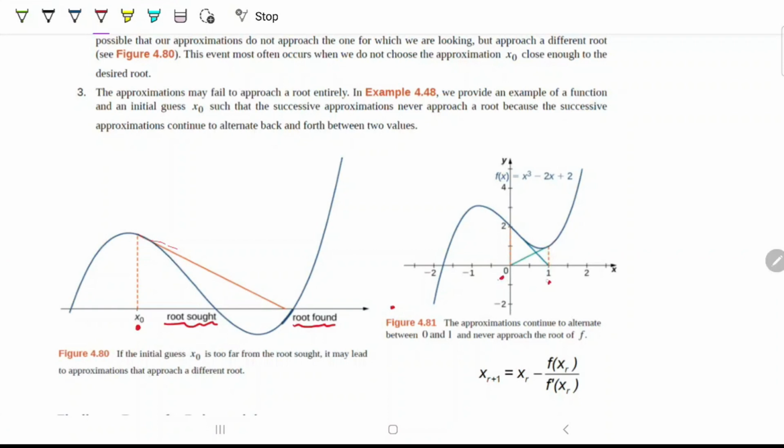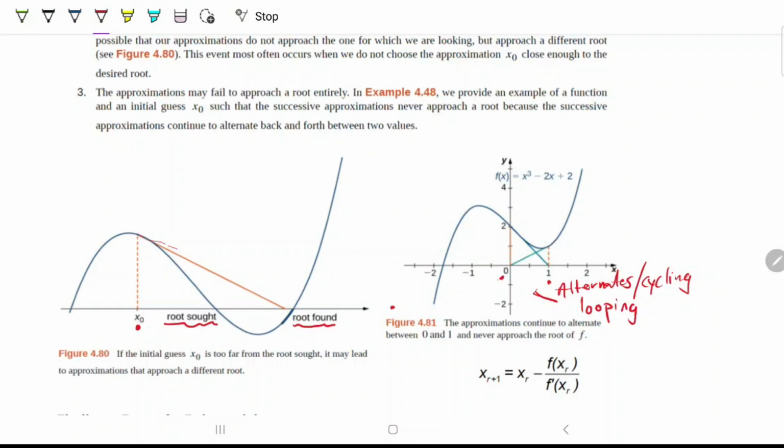You get x0, then x1 once you do the process again, and then x0 again. So it alternates between the two points, and sometimes they say it is cycling between the two points, meaning it goes back and forth. Another term you could use is that the solution is looping. It's quite important to understand that when using Newton's formula.